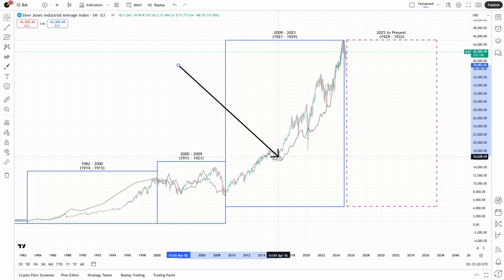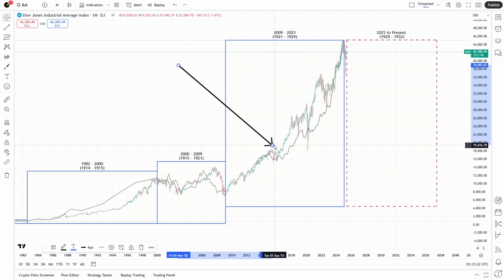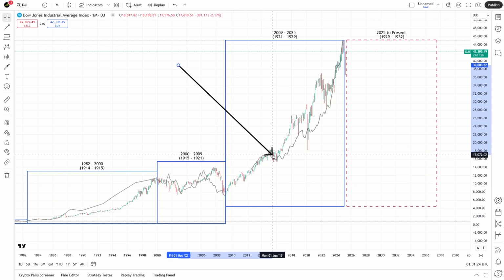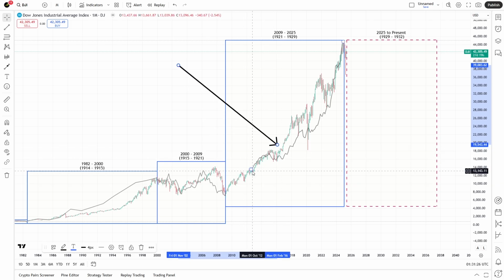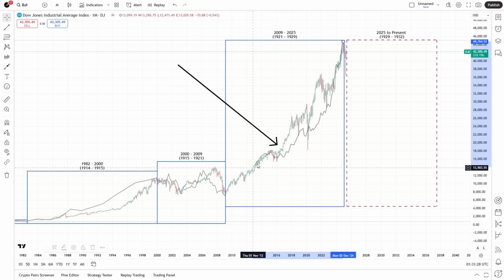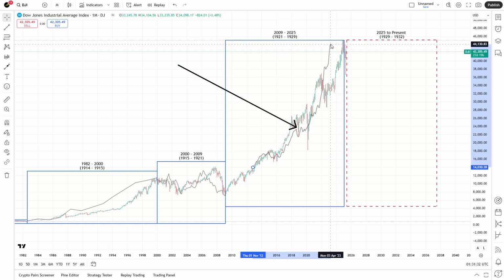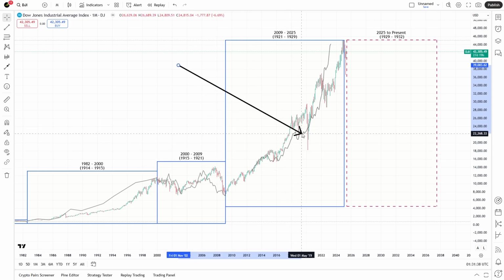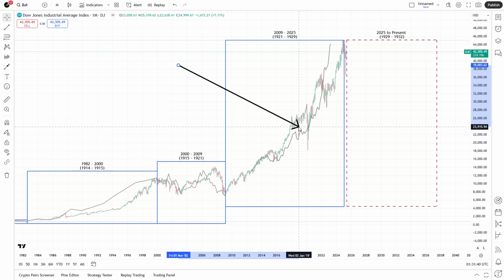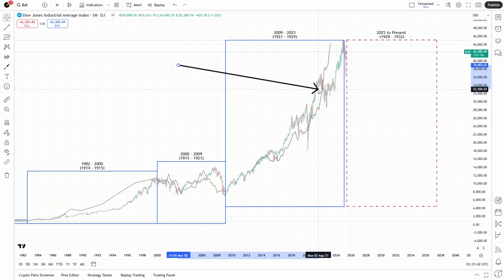So this little flat area, we could see that the fractal, after this move up, goes into this flat area right here, after which it moves up. And again, the timing on this is not the same as today, but we can see it moves up. It even has this little pullback that we see on the chart, and then it continues to move up.